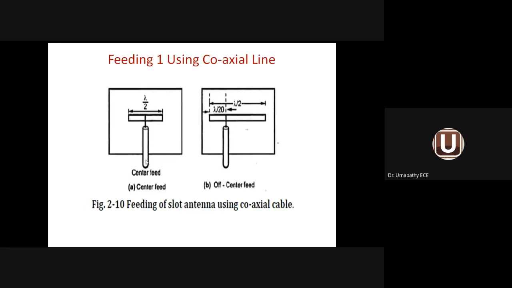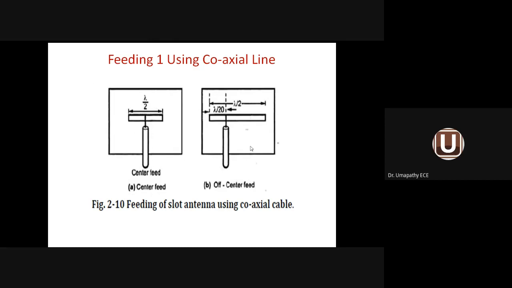The inner conductor signal will be traveling. Outer conductor, see the diagram, is connected to the metallic conducting sheet. So this is a setup for a slot antenna. Once the coaxial line is connected to the slot antenna, it starts radiating electromagnetic energy into the free space. Now the total setup is called slot antenna.